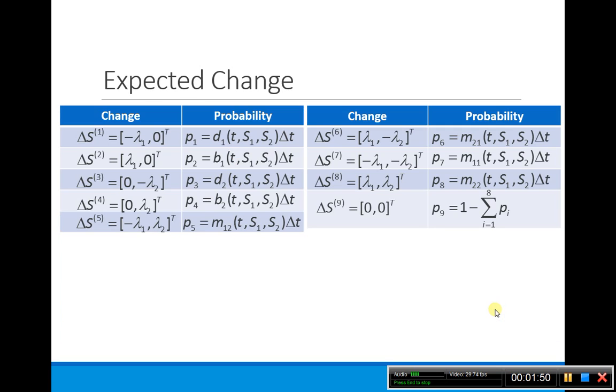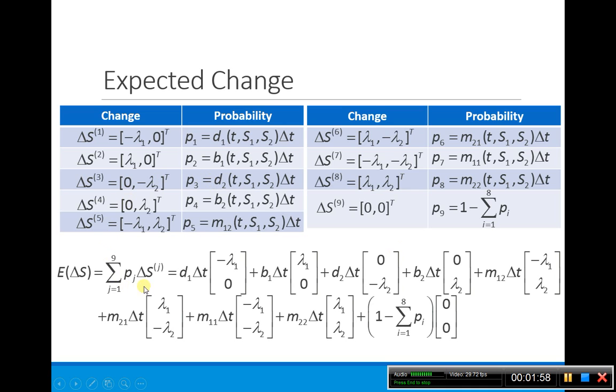Okay, so if we were looking for the expected change, here's the table that we had on the previous slide. For finding the expected change, remember what you do is you take your probability and you multiply it by your change. So here our probability for our first one is D1. We're just going to simplify this to D1.